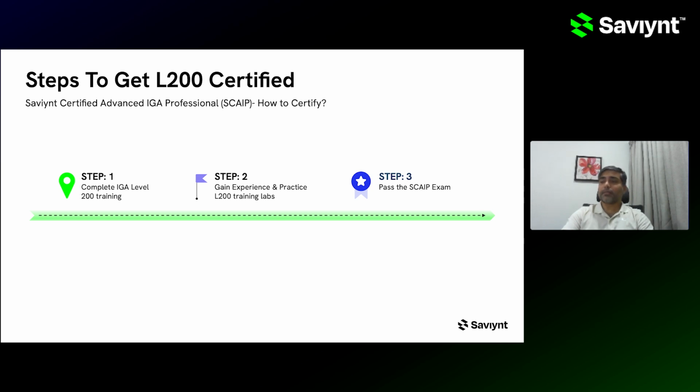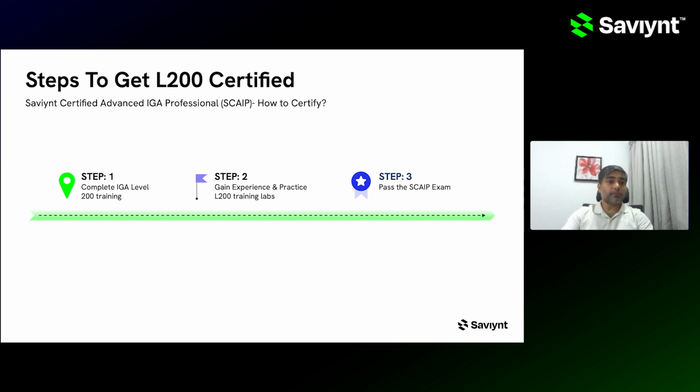Again, it's a three-step process similar to the L100 certification. Step one is to complete the level 200 training. That's the mandatory training associated with this exam. Step two, we highly recommend that you get some experience under your belt, try and get involved in some projects if there is an opportunity.